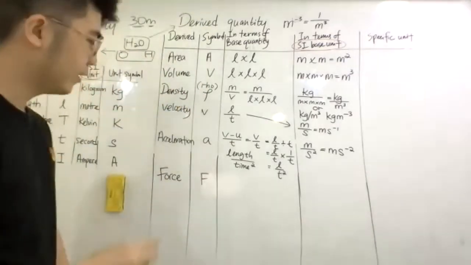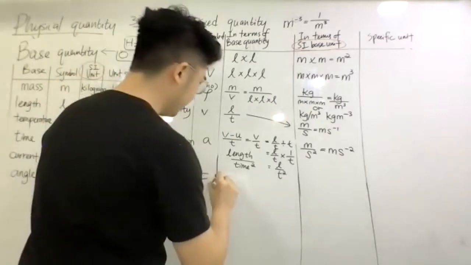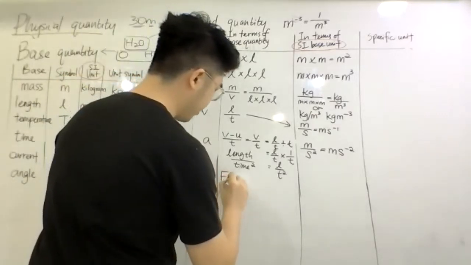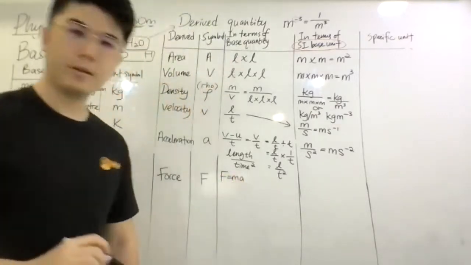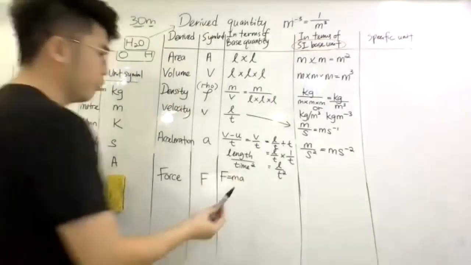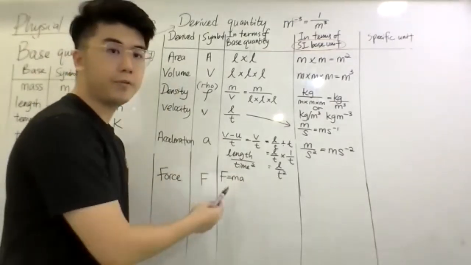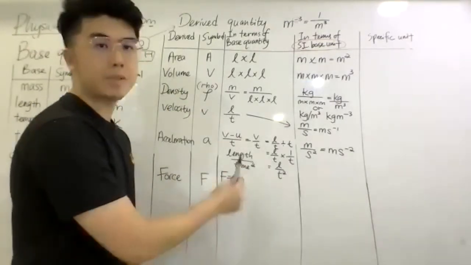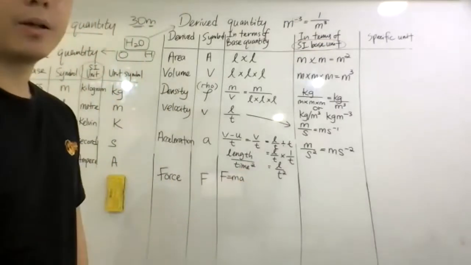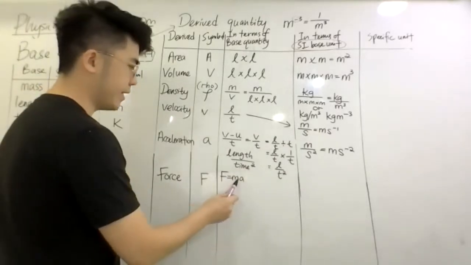Force is made of what? F equals to ma, right? F equals to ma. This is my formula. This is the general formula for force. Mass times acceleration.